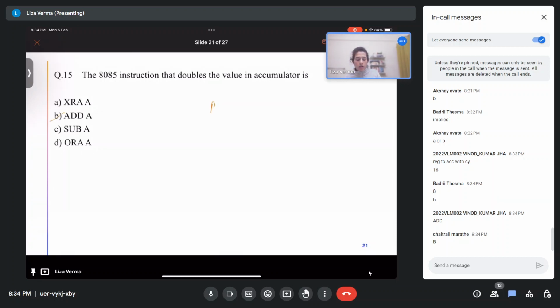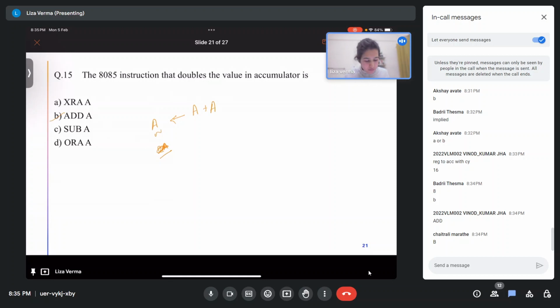ADD A will add the content of A to A and store it in A. So actually A will get twice of what it had before. Right? So that's it for today's questions.